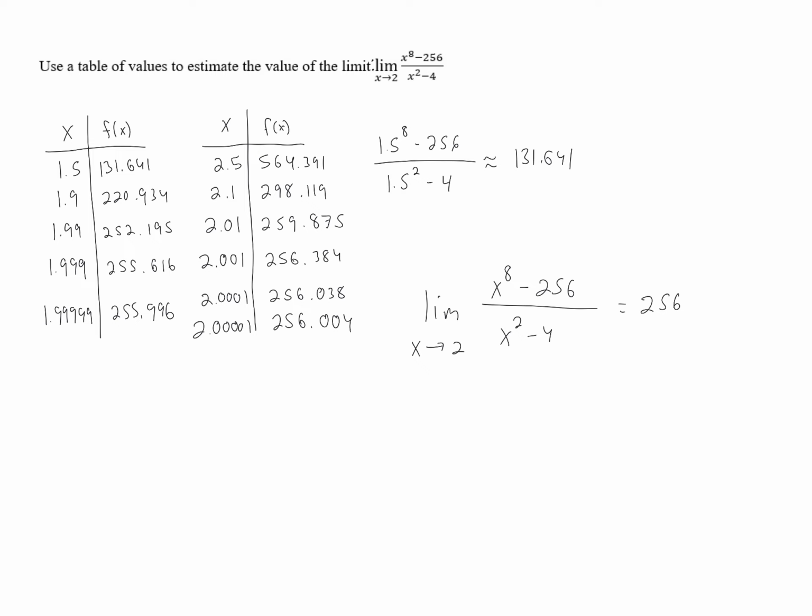And so having all of this data helps us to be more confident that it is in fact in both directions approaching 256. We want that confidence to know that the limit is correct and not just a couple of data points and a guess that very well could be wrong.